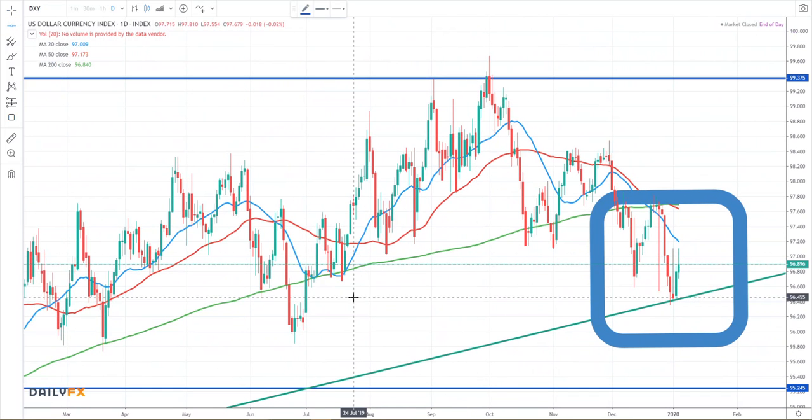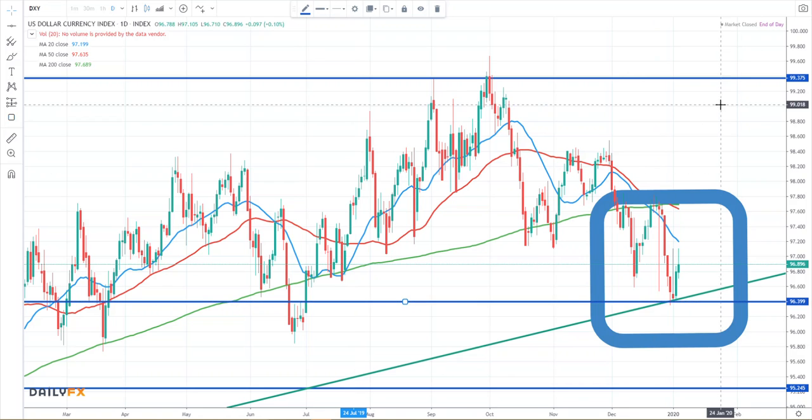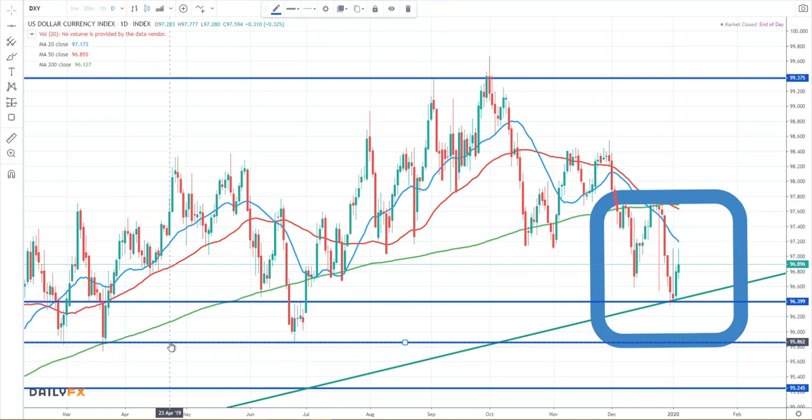And what I can do from that last move is say, okay, if price drops below this support line that's at 96, this 96 all the way down to 95.80, then I can say, all right, maybe I'm getting bearish in the dollar. Maybe we're seeing a turnaround. But for now, as long as this holds, I'm still definitely bullish. I'm currently trading euros against the dollar. So for me, that's a sell in the euro dollar if I'm bullish in the dollar.